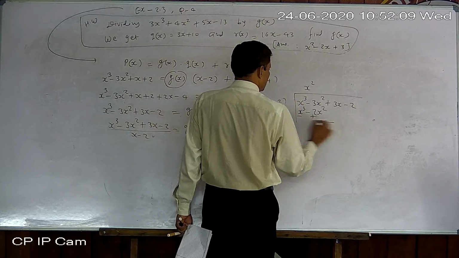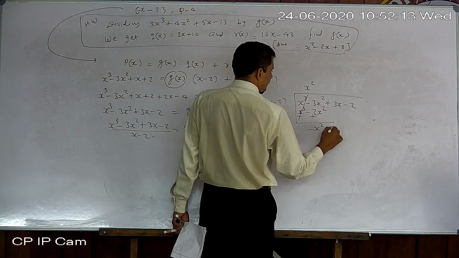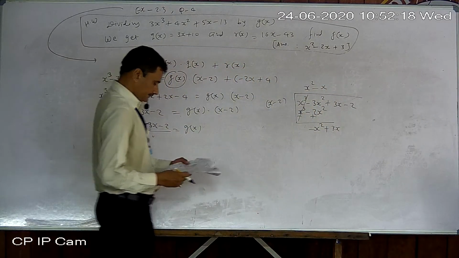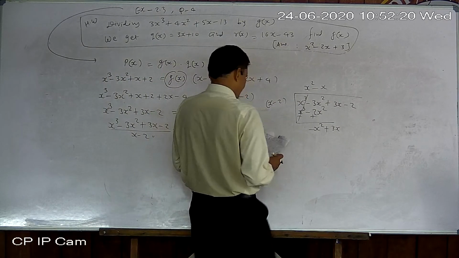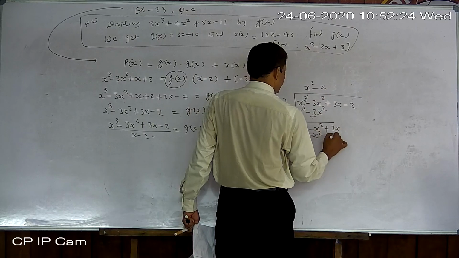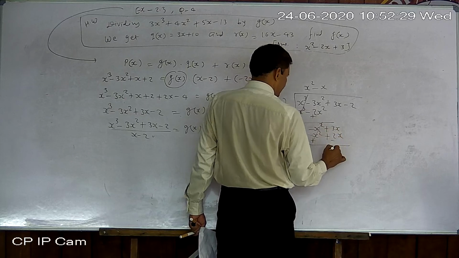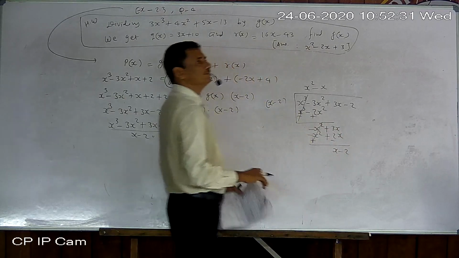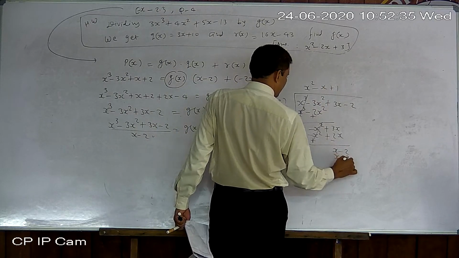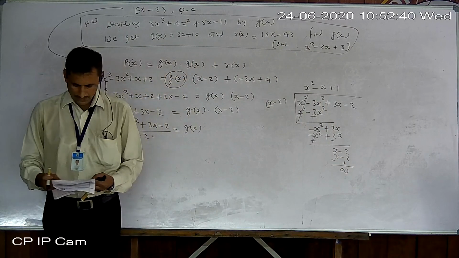This is gone, this is left: minus 3 plus 2 is minus x square, plus 3x comes here, so minus x. Now it will be minus x square plus 2x, plus minus, gone. 3 minus 2, 1x, x minus 2. So plus 1 only, so it becomes x minus 2, minus plus, 0. Just verify yourself also.